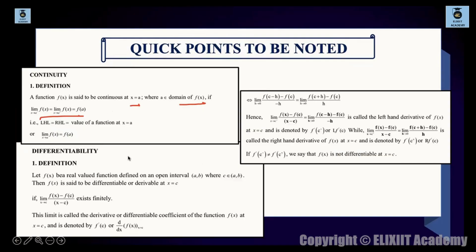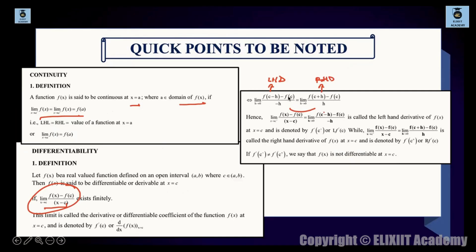And the basic definition of differentiability: similarly, a function is said to be differentiable at some specific point if this limit exists finitely. Either you go by this definition or you use this definition. So this is basically your LHD, and this is your RHD. These are all basic definitions known to all of you, and these are taught at the board level as well.